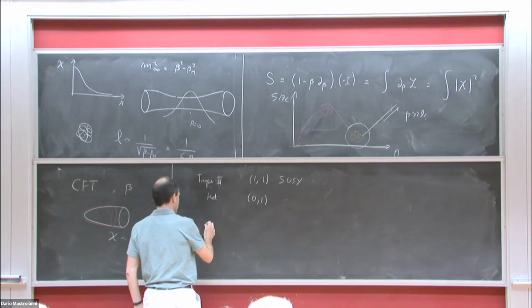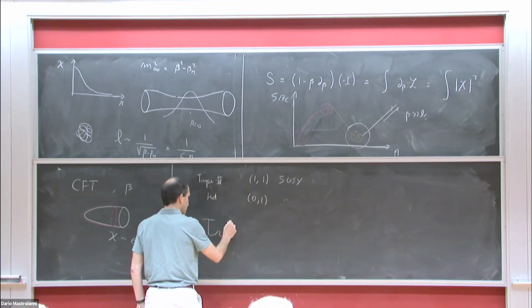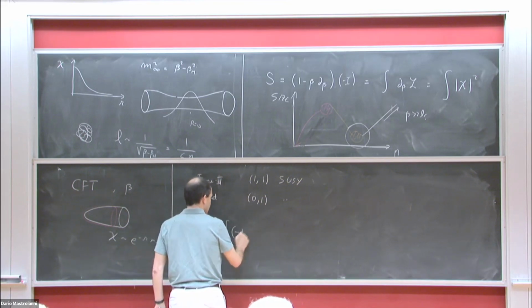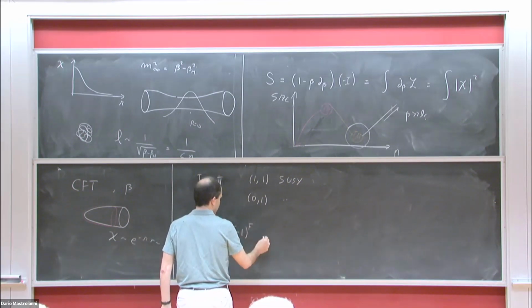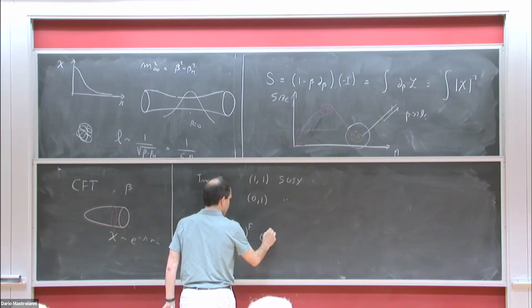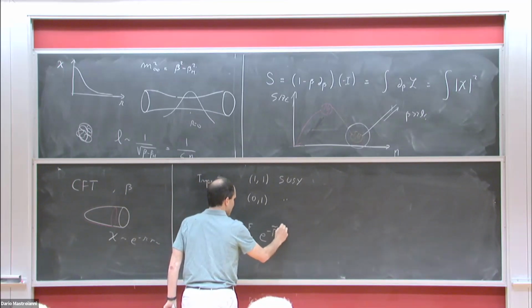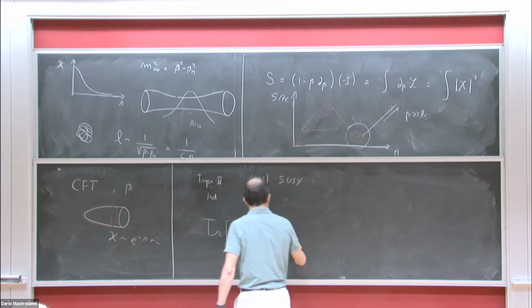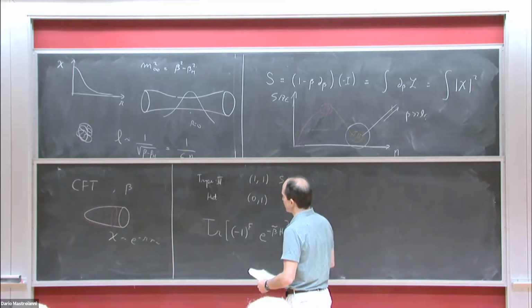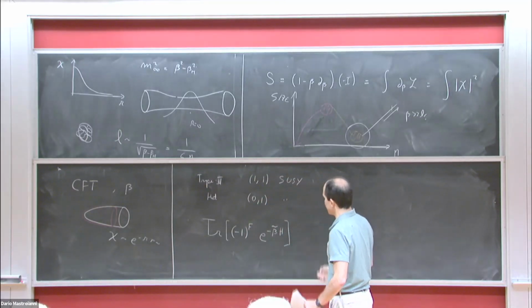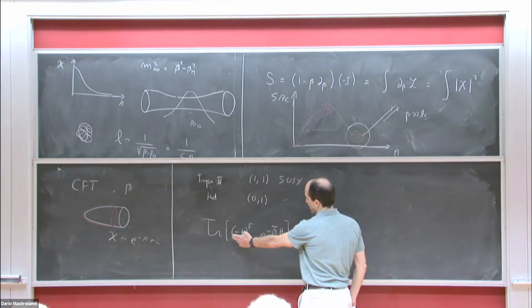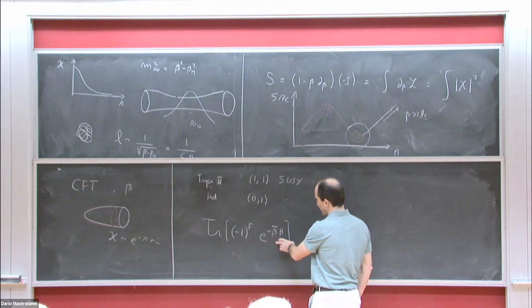A simple invariant is the so-called supersymmetric index, or Witten index, where we take the trace of (-1)^F times e to the minus beta tilde H. So we consider the worldsheet theory, for example, on a cylinder, and we calculate this quantity.